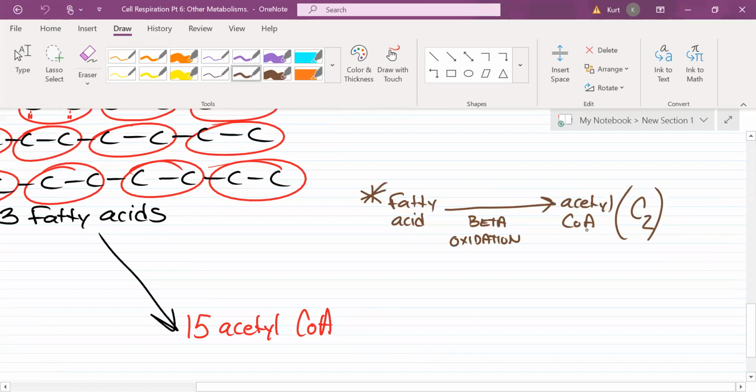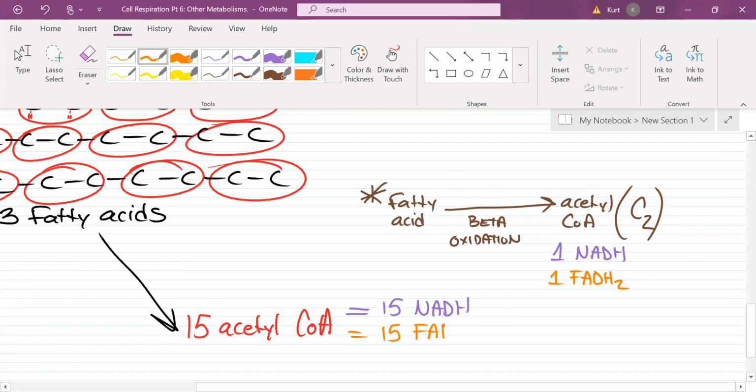When you convert a fatty acid into an acetyl coenzyme A, it makes 1 NADH and it makes 1 FADH2. I forgot to mention that. That's going to be pretty important. So when we have these 15 acetyl coenzyme A's, this is going to result in 15 NADHs, and this is going to result in 15 FADH2s. That's a lot. That's already more than you make from glucose.